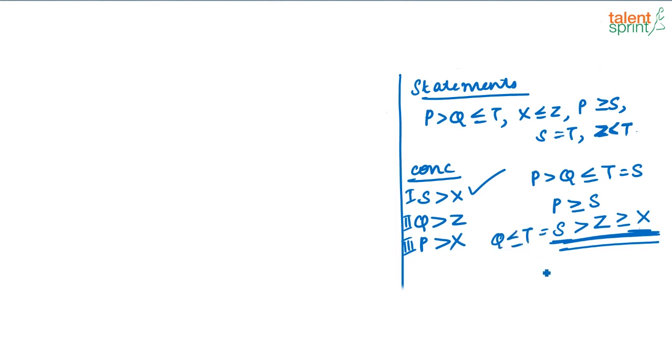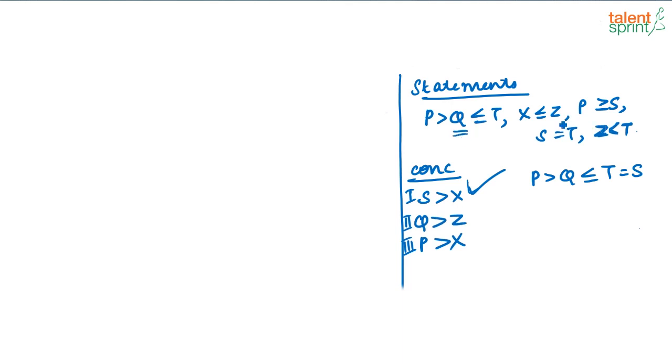See, I know here Q is less than or equal to T and T is greater than Z. So can I find out the relationship between Q and Z? Can I say for sure that Q is greater than Z? I can't, right? So Q is here, Z is here, Z also comes here.